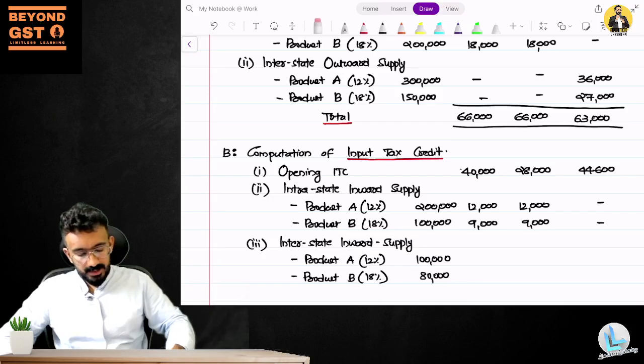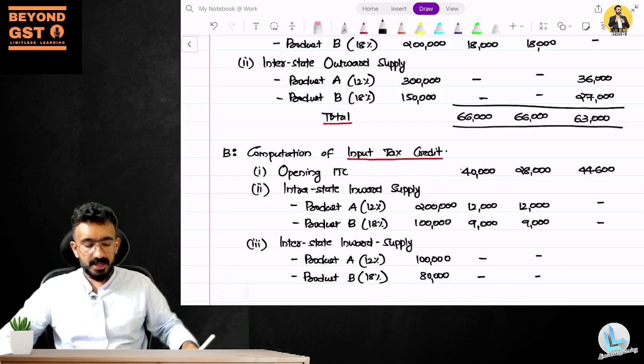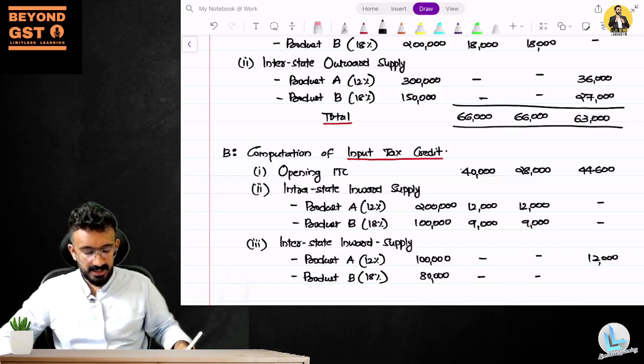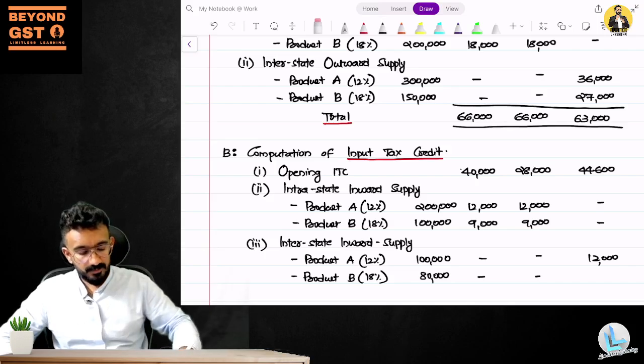How much will be my credit here? Since my purchases are interstate, my credit would be an IGST credit. 12% of 1 lakh is 12,000. 80,000 into 18% would be how much? 14,400, right?